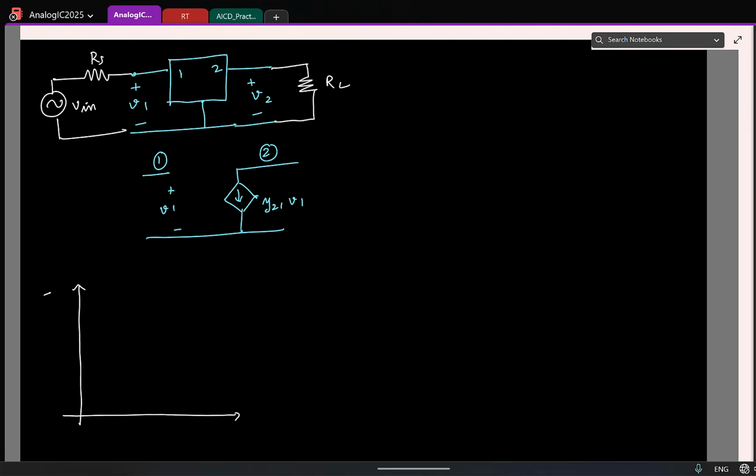If I sketch I2 versus V2, we wanted small signal Y22 to be 0, which means the slope is 0 here, and then it sort of does this. Similarly, if I sketch I2 versus V1, the slope has to be large, so it basically does something like this.